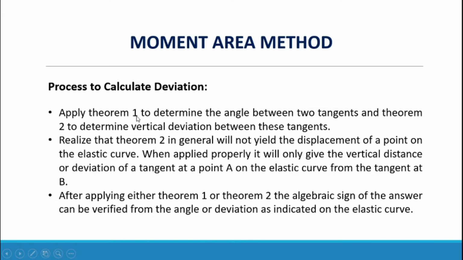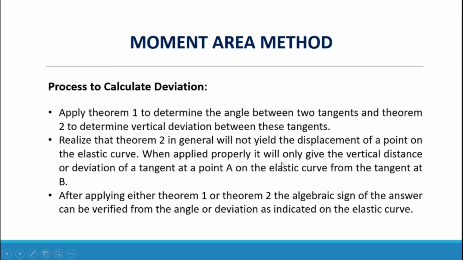First, apply Theorem 1 to determine the angle between two tangents, and Theorem 2 to determine the vertical deviation between these tangents. And we realize that Theorem 2 in general will not yield the displacement of a point on the elastic curve.